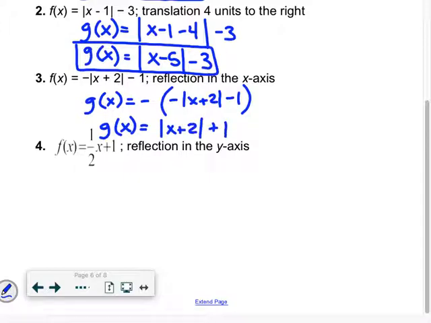Where does the negative go if you're reflecting in the y-axis? Inside with the x. So this will be g of x equals 1/2 times negative x plus 1. And in this case, I don't have an absolute value or a quadratic, it's just a linear function. I could multiply those together and make it negative 1/2 x.